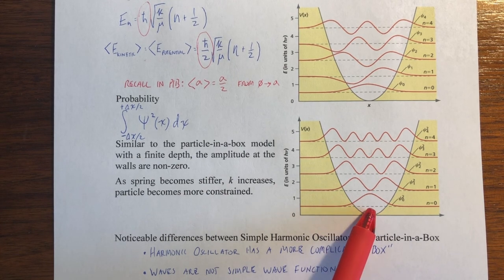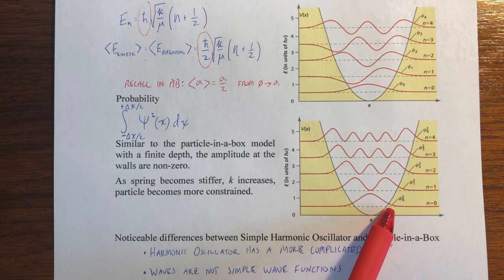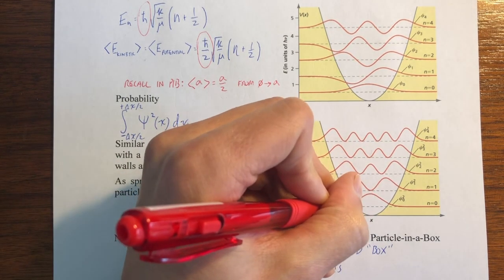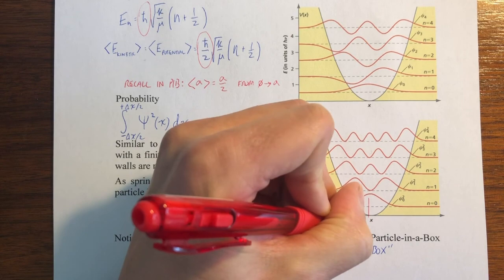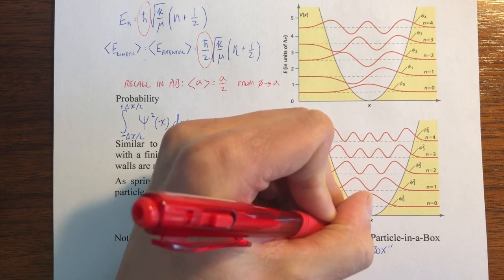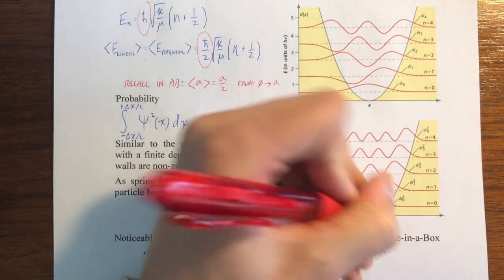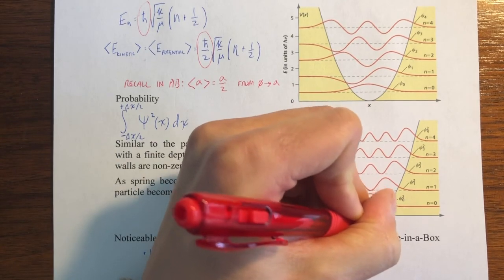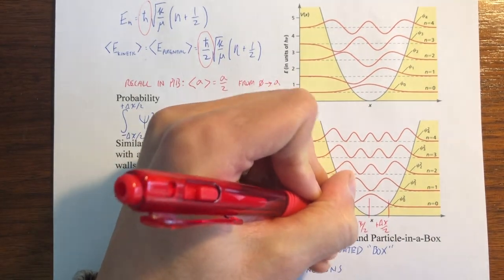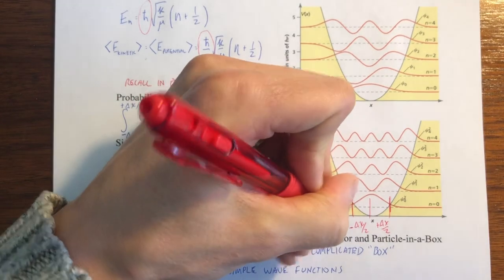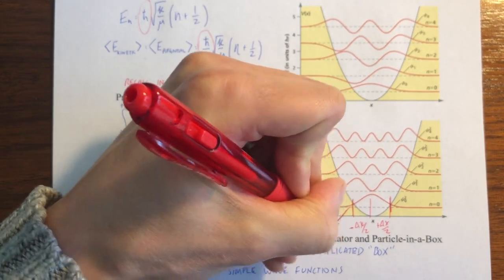Divided by 2 is the left side, on the negative side, and divided by 2 positive is on the right side. So from here to here would be negative delta x over 2. From here to here would be positive delta x over 2 when the entire distance is delta x.